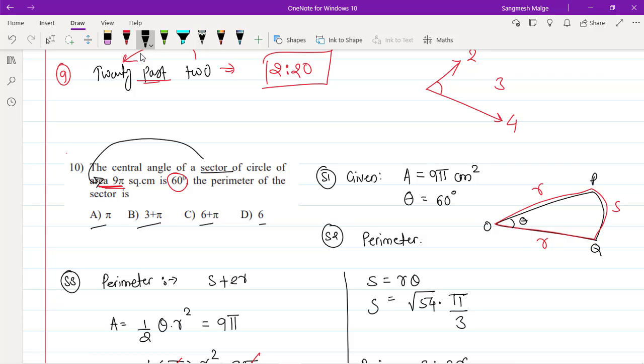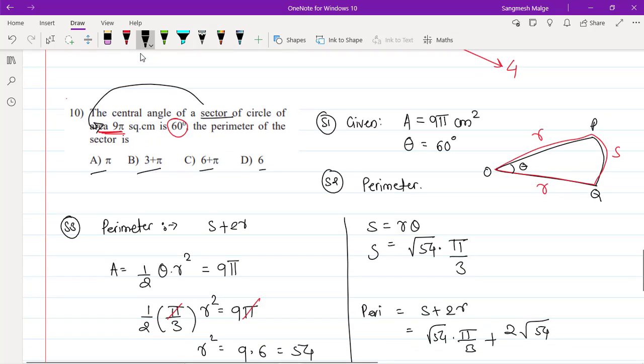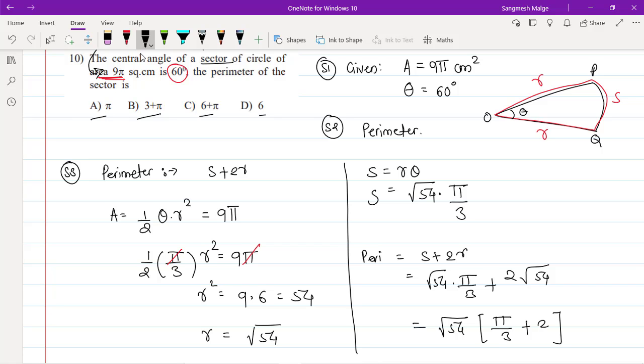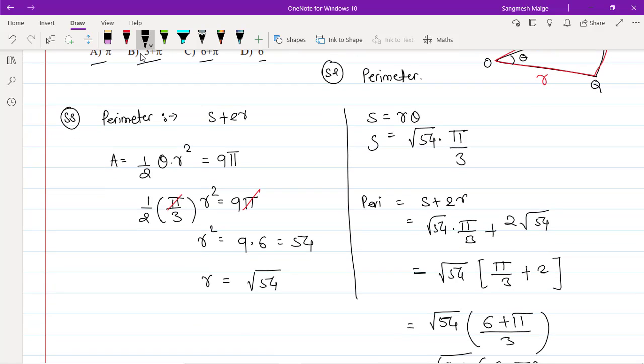The central angle of a sector of a circle is of area, sector of a circle of area. Yes, this is nothing but the area of a circle.